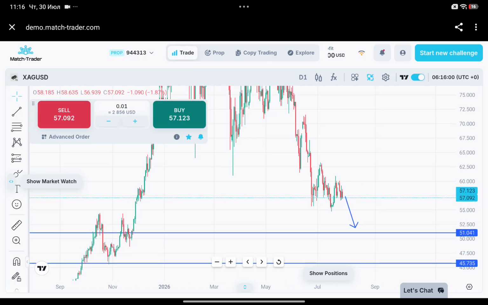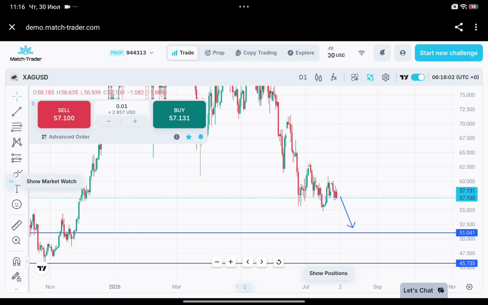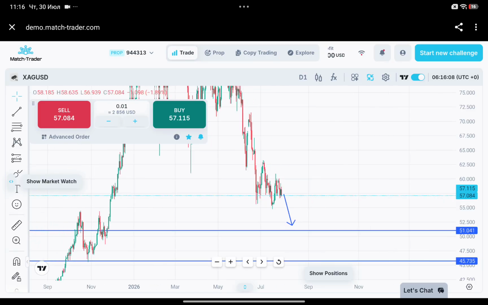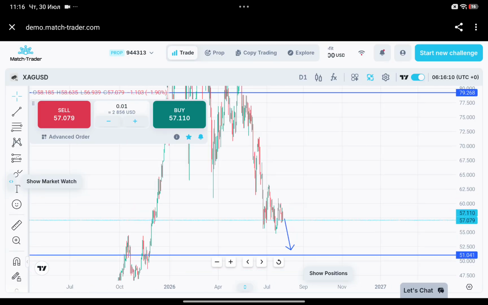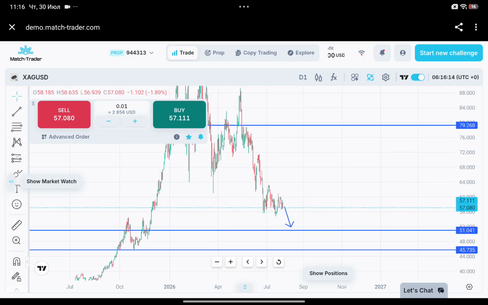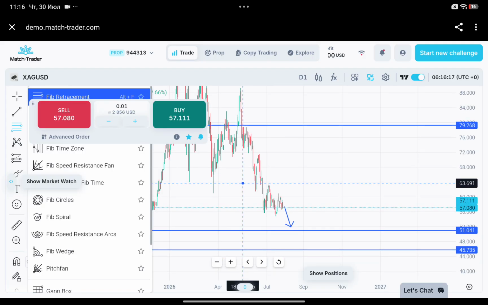So I'm just waiting for the silver to go down to $51, and then I want to place my order. Did you guys get the idea of what I'm talking about? And I'm gonna do a long position for that.